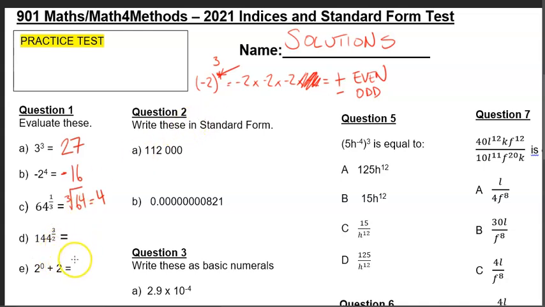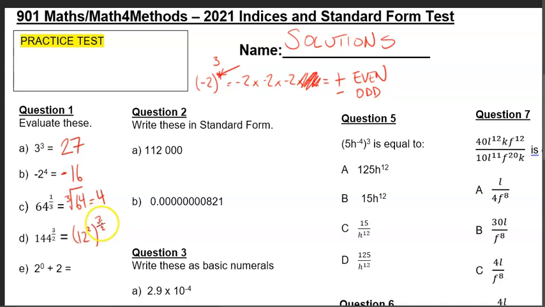Now 144 to the power of 3/2. There are different ways that we can approach this. The best way to approach this, and this is just based on having good recognition of squared numbers, is that 144 can be written as 12 squared. So I'm just going to change 144 to 12 squared, and this is going to be to the power of 3/2.